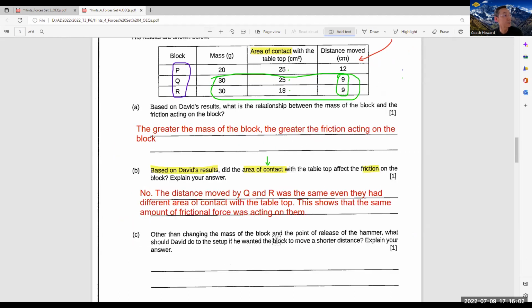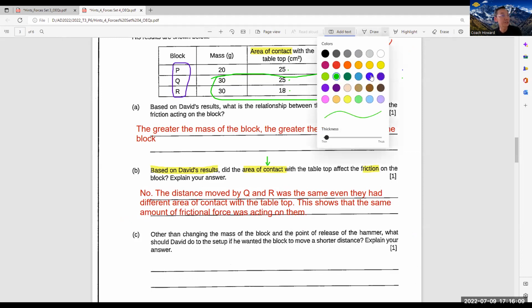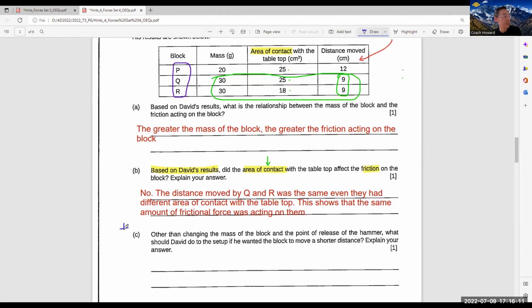Okay, next one. Other than changing the mass, this one is a bit tricky. You put an asterisk here, this part. Other than changing the mass, so you cannot change the mass, right? And the point of release of the hammer. What should David do to the setup if he wants the block to move a shorter distance?